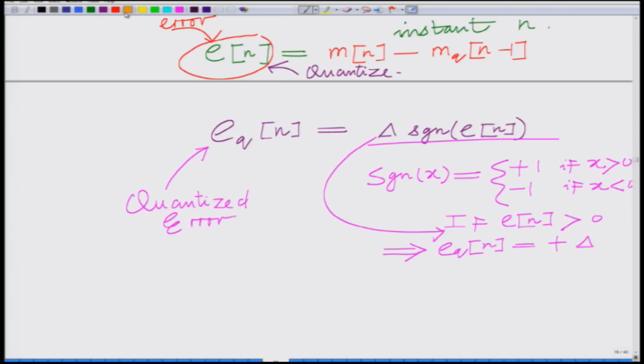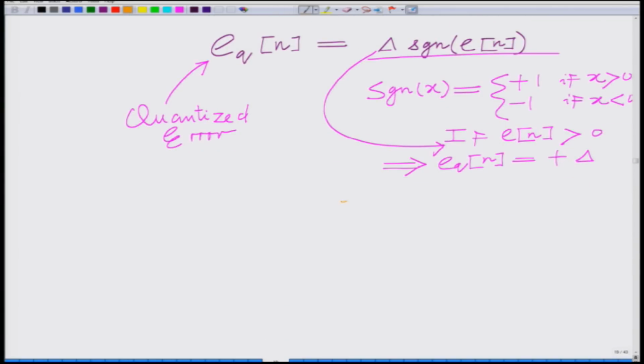On the other hand, if E[n] is less than 0, the sign of E[n] is minus 1, which implies EQ[n] is minus delta. So, EQ[n] can only take two values, either plus delta or minus delta. Only two values, therefore, the number of bits required is 1.